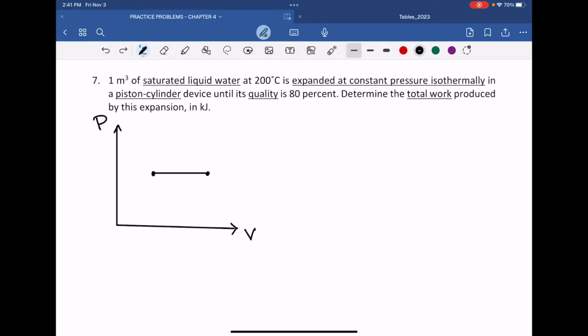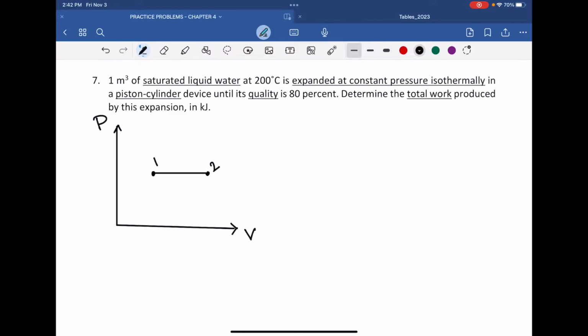So this is also happening isothermally according to the problem statement, at a constant pressure and a constant temperature. And this happens until we have a mixture. So at state 1 you had a saturated liquid, at state 2 you now have a mixture, because they are giving you the quality.